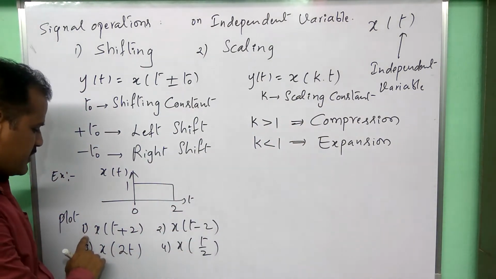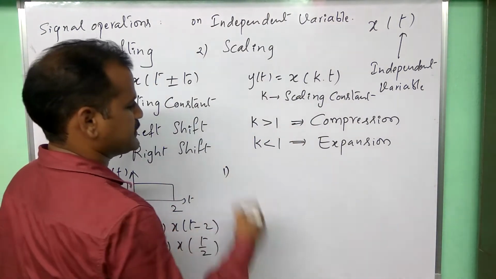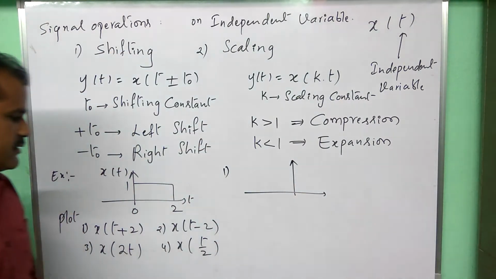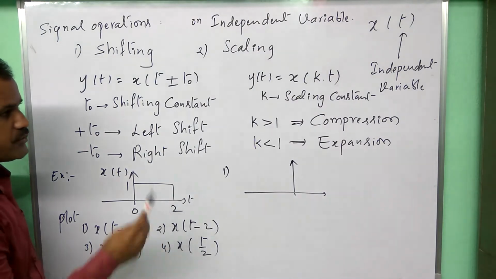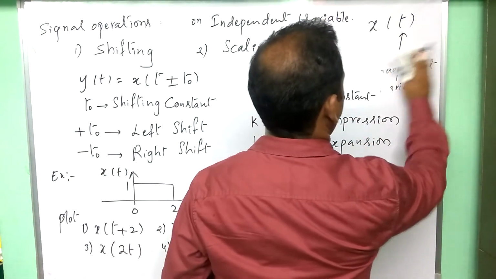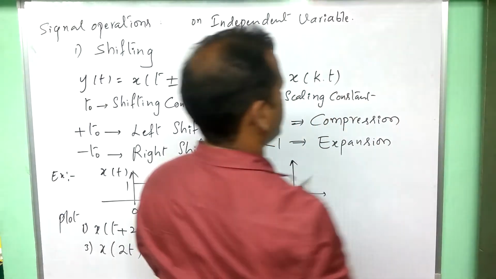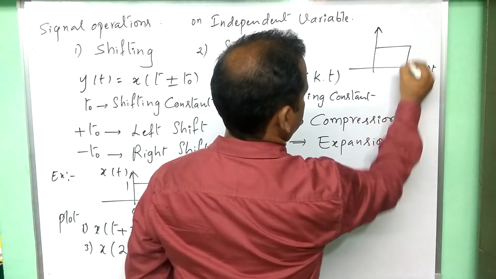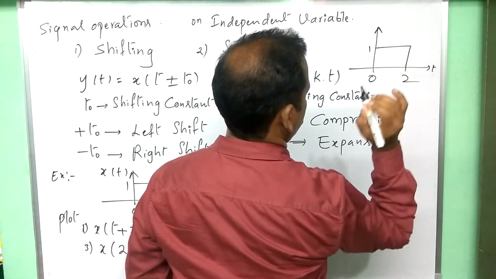First, let us plot x of t plus 2. The signal x of t is a rectangular pulse from 0 to 2 with amplitude 1.